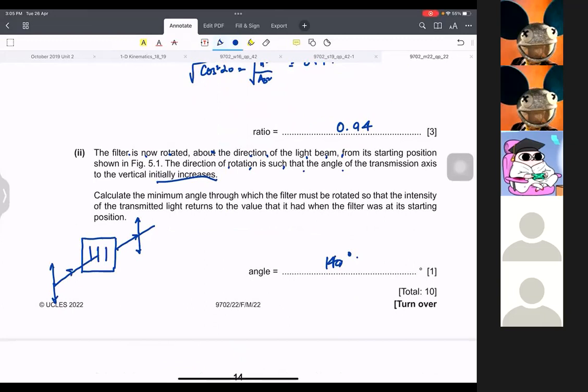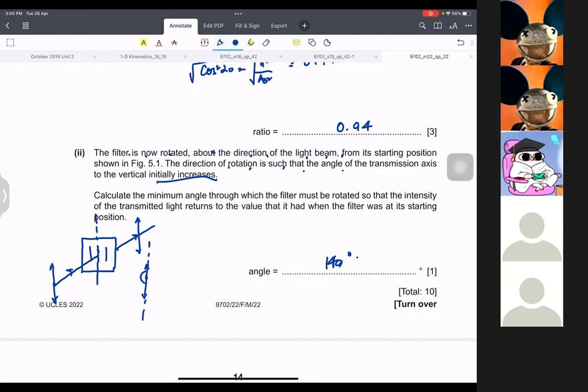Because at the transmission axis, the light is 0 degrees from it. Do you understand what I'm saying? Yes. Okay. Because this light wave and the polarization filter are parallel, the angle they make with each other is 0 degrees.